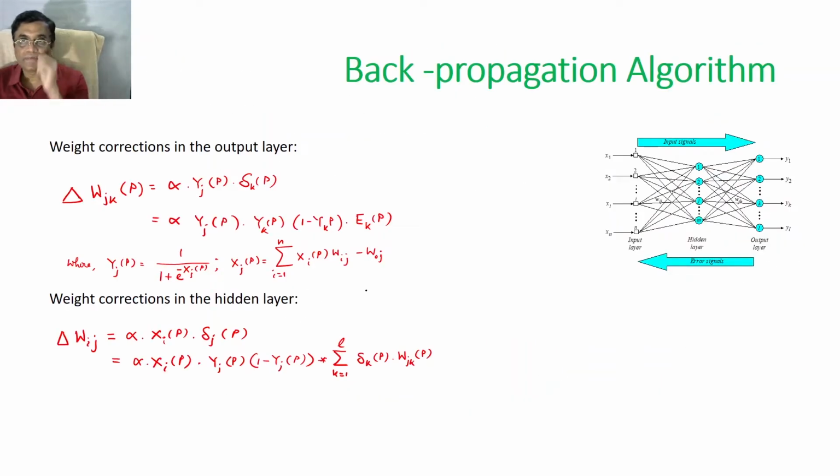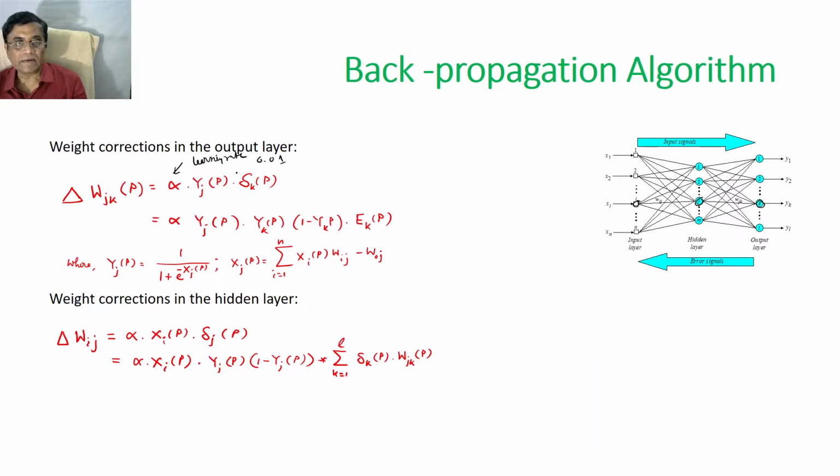Now let us try, as earlier, weight correction can now be done, because weight correction in the WJK. So we are considering this neuron. Okay, this one. So delta WJK equals, as usual, alpha is the learning rate, say 0.01.